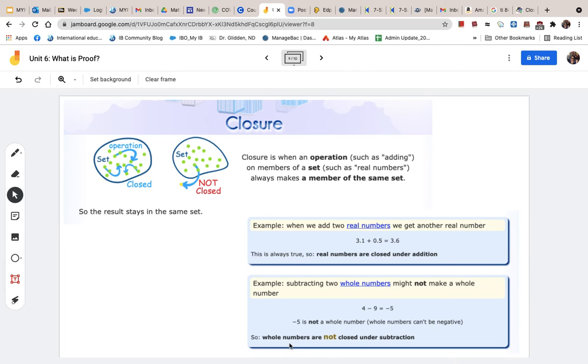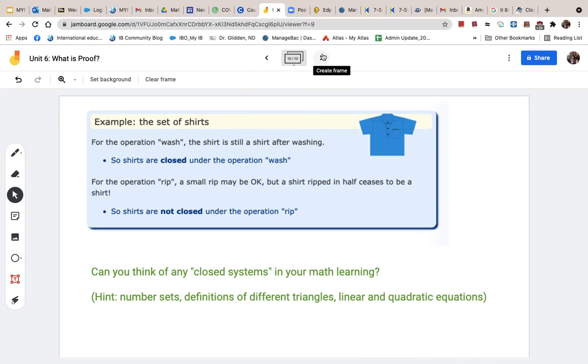So we can prove that whole numbers are not a closed system under subtraction. All right, so this is one example of a closed system in math. Let's move on. How about in daily life?